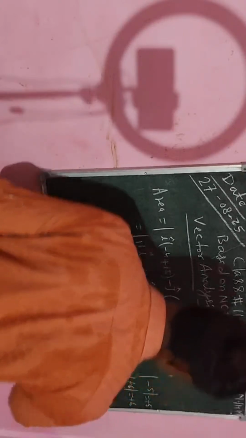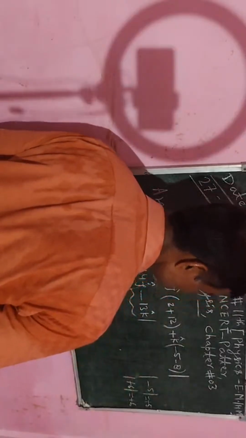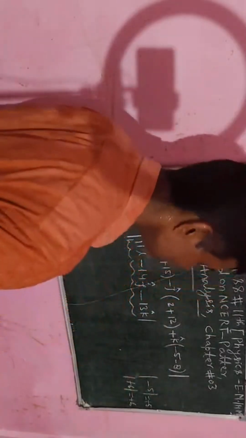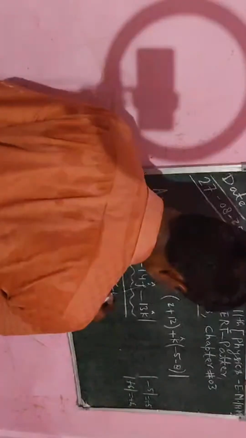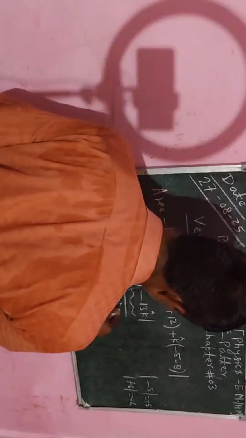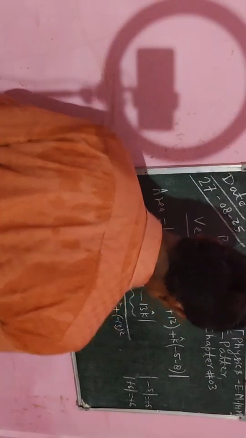Okay, whether the value is plus or minus, the modulus will give a plus value. So similarly, in this square root I will write ax whole square, that is 11 whole square, plus minus 14 whole square, plus minus 13 whole square. So this is the area.